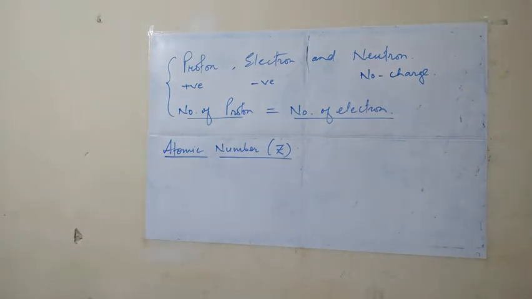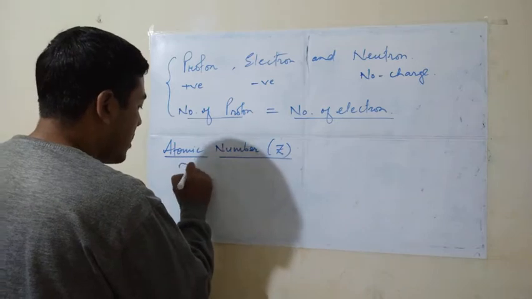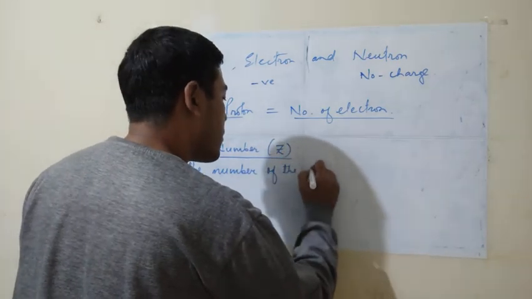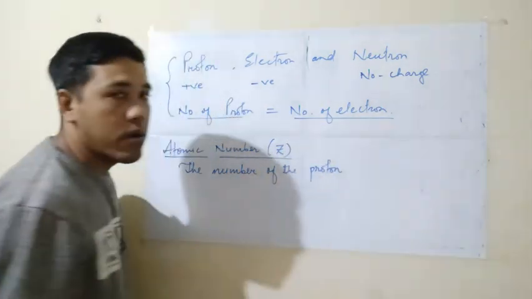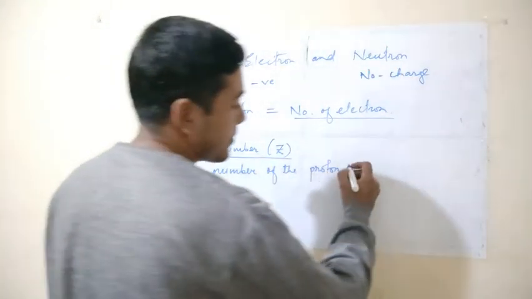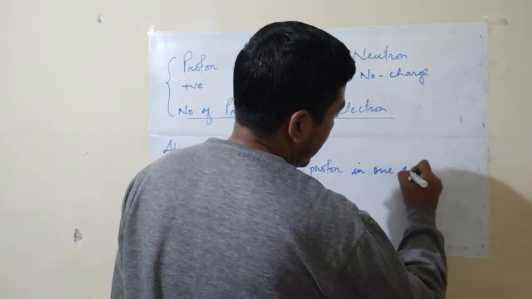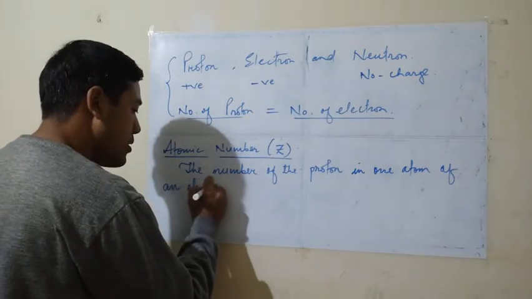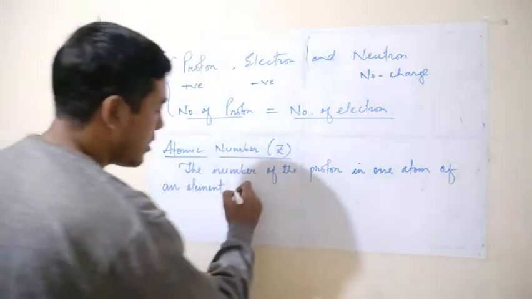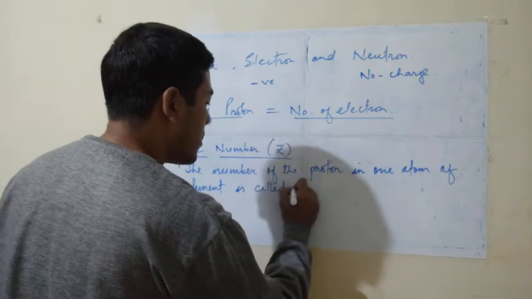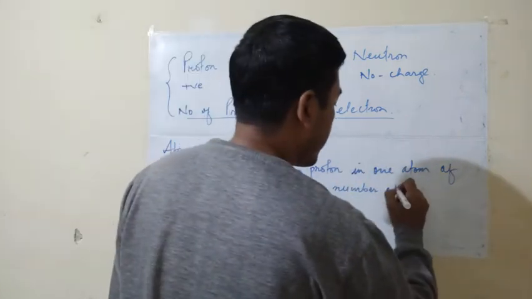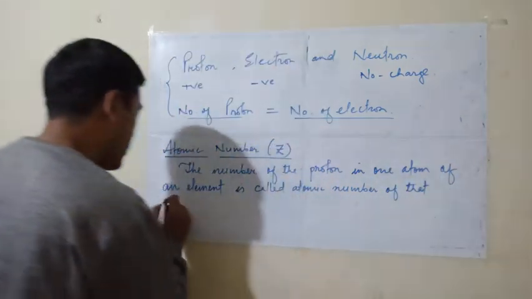The number of the protons in one atom of an element is called the atomic number of that element.